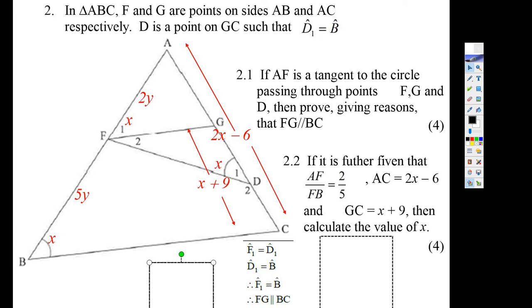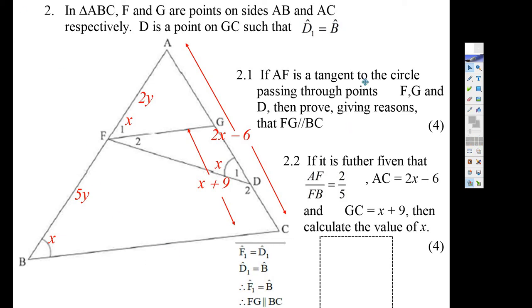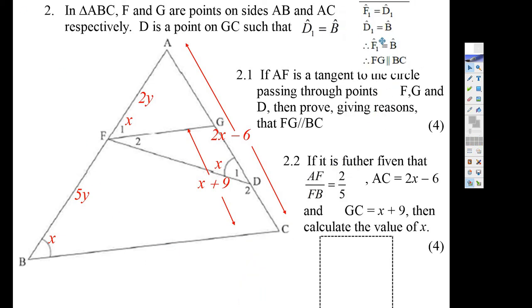That's just a little summary of the first question there. F1 equals D1, just what we did. And why are they parallel? Because of corresponding angles and all that. But this question here now, we know that FG is parallel. We can use the proportionality theorem. When you've got a line that's parallel to the base of a triangle, it divides the sides proportionally.